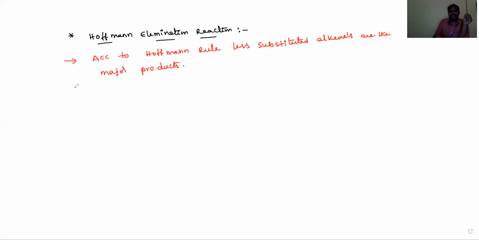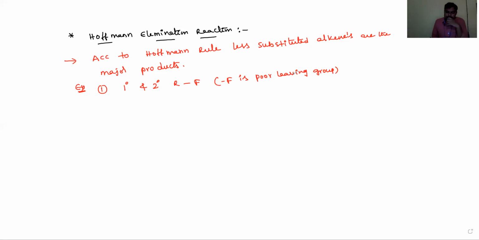Okay, when do these Hofmann reactions take place? Examples, let's see, dear students. The first one: this Hofmann elimination reaction will take place with primary and secondary alkyl fluorides, because fluorine is a poor leaving group.